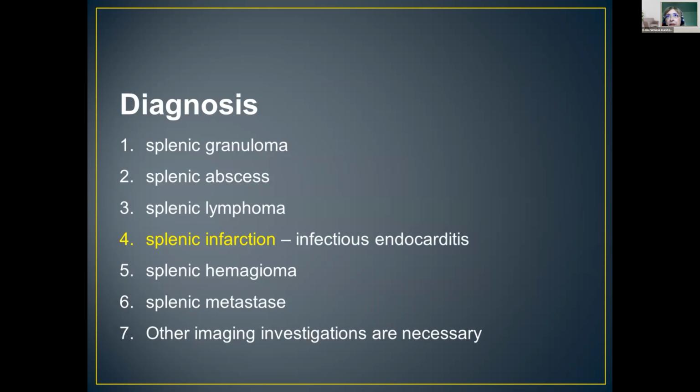So in kidney and in spleen, we can find small infarctions. Finding splenic infarction guides us to endocarditis.